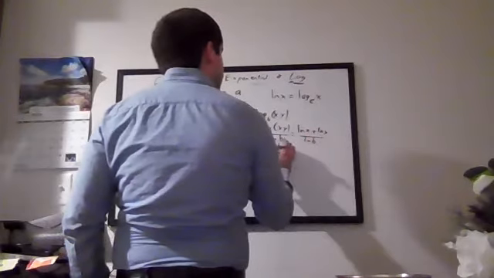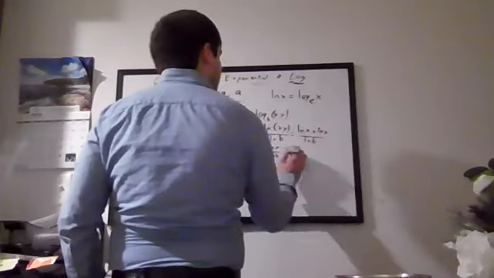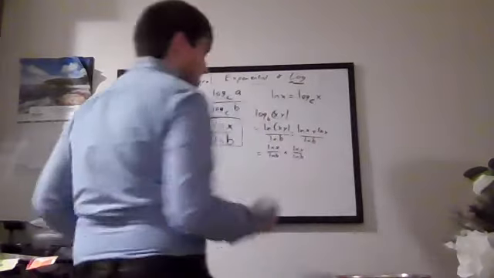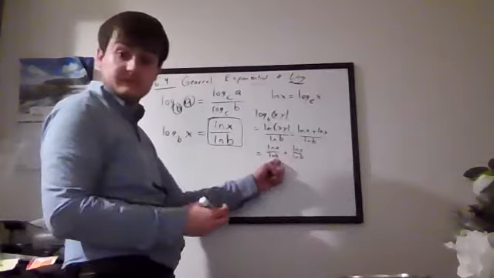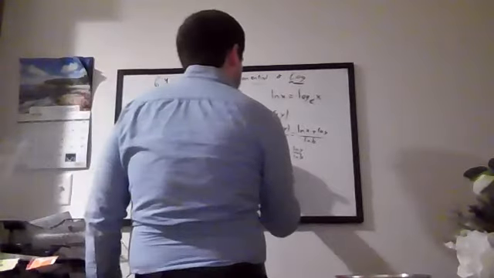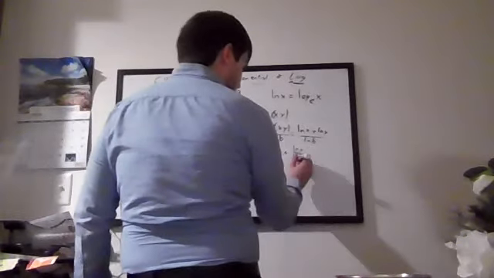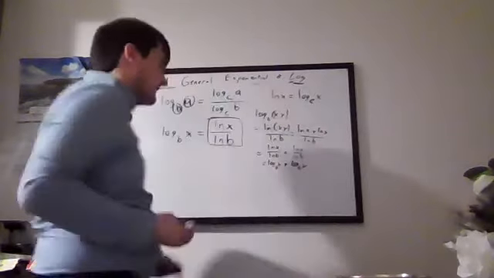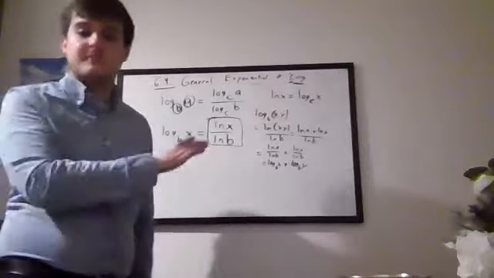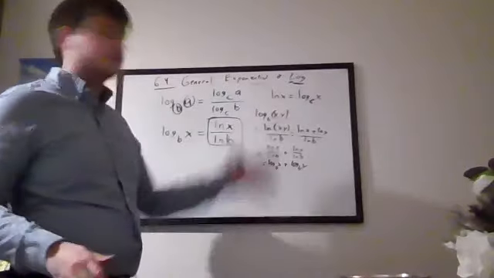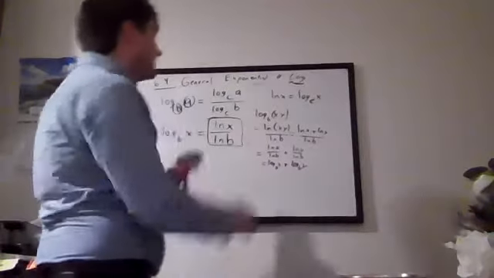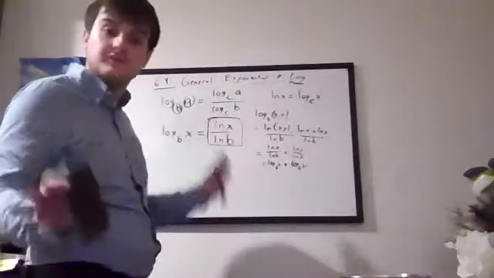But this is the natural log of x over the natural log of b plus the natural log of y over the natural log of b. What is this? Well, it is log base b of x. And what is this? Log base b of y. So therefore, it works. I wanted to save that part, but that's how we get there. So it still works for similar reasons. If you ever need to expand a logarithm like that, you can do it the same way.